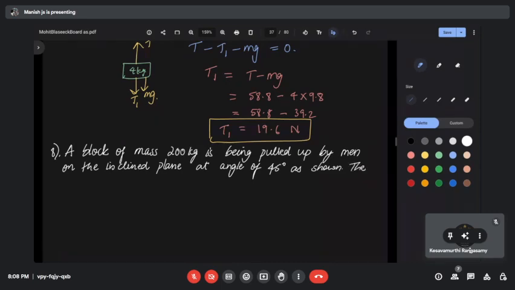The coefficient of static friction is 0.5.